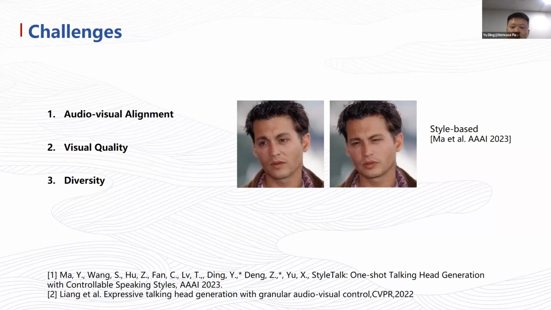And our work proposed to introduce a style from another reference video to generate the video. So different reference videos can make different resulting videos. Of course, I don't think this work has addressed the diversity very well. More efforts need to be made by all of us.